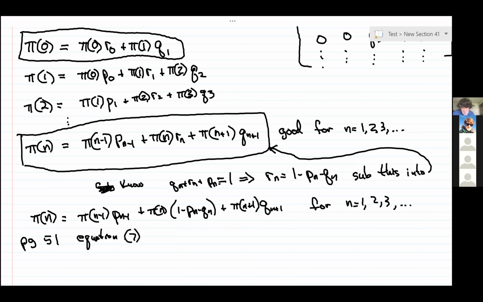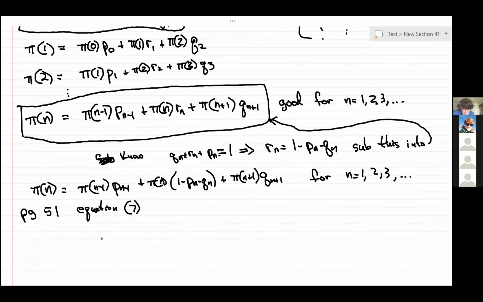So what I want to do is rearrange this equation algebraically. Let's work on the right side. I should leave room on both sides.